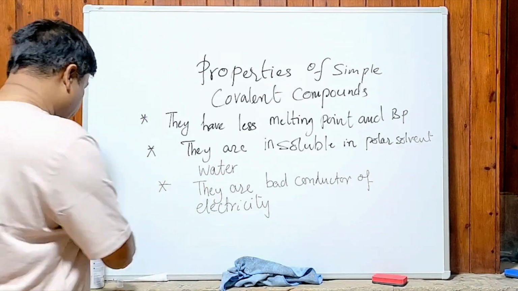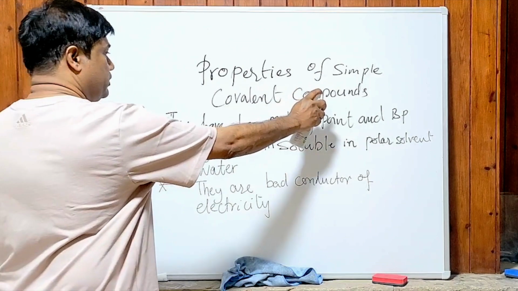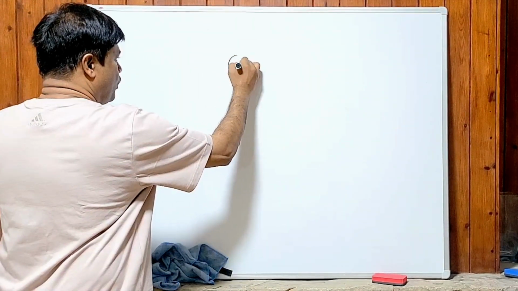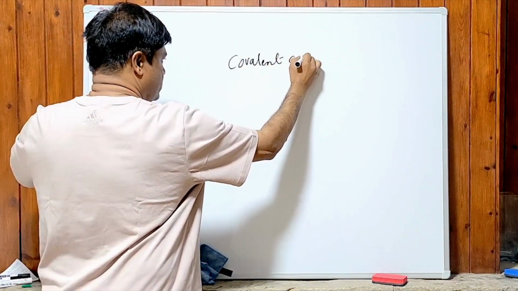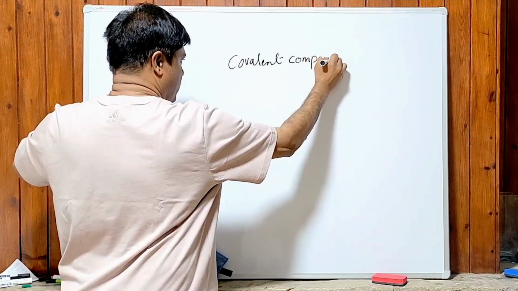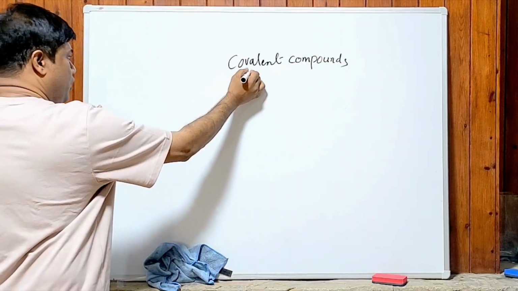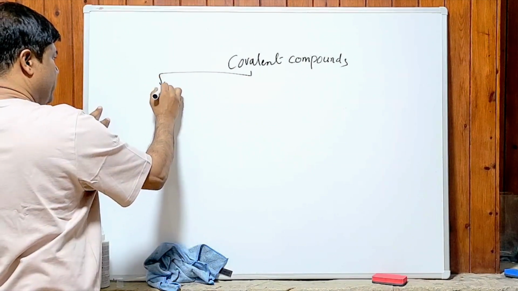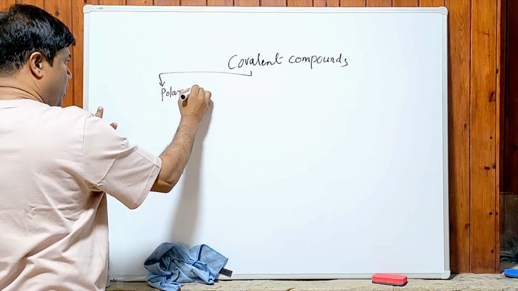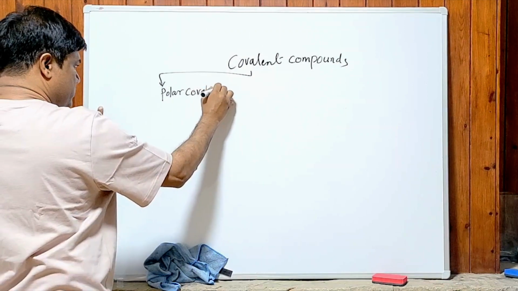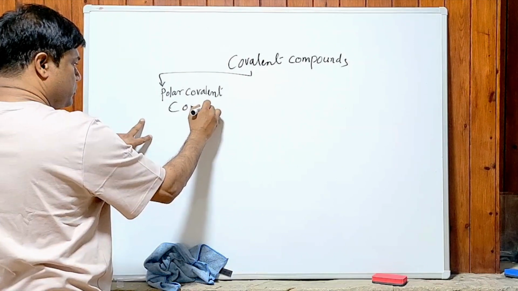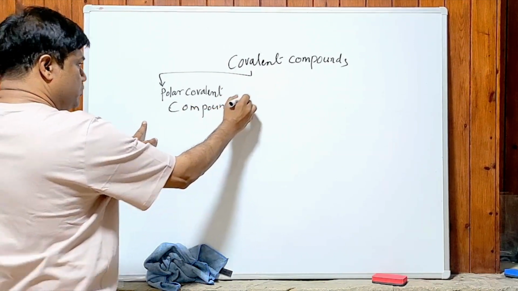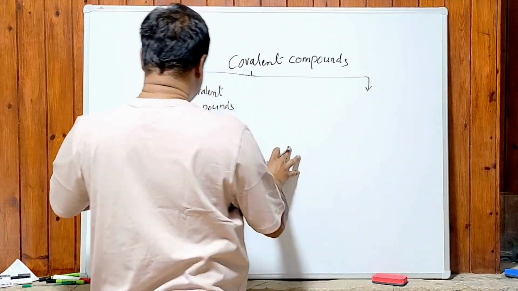Now, covalent compounds are of two types: polar covalent compounds and non-polar covalent compounds.